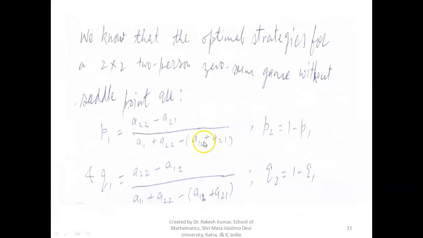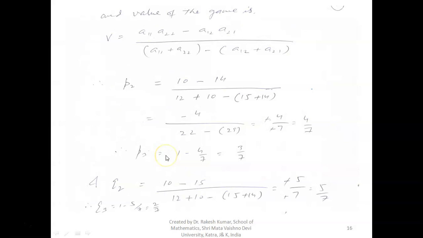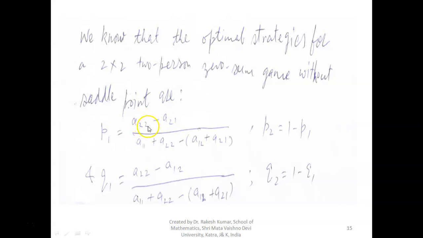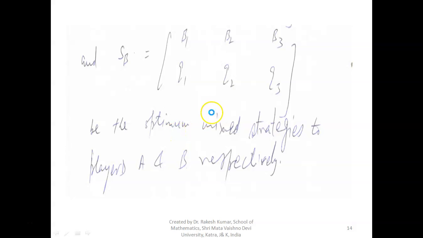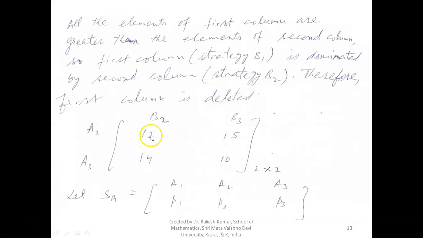So the formula remains the same, but instead of P1 I write P2 and here Q2. The value of the game is given by this expression. For P2, the same formula is used: A22 minus A21 upon all this, with elements A22, A11, A12, A21, A22. These elements are put over here.